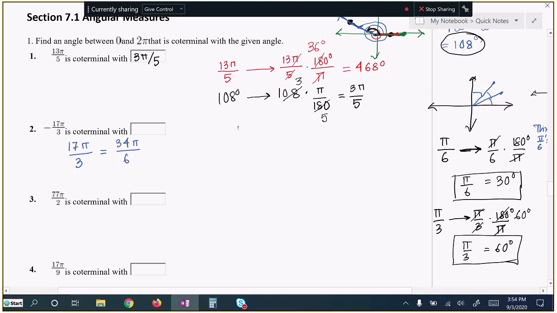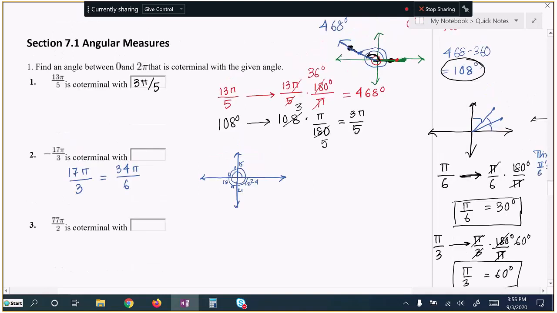Now pay attention when I count. Remember, there are 3 pi over 6s in each quadrant. So this is 3, this is 6, this is 9, this is 12, this one is 15, this one is 18, this one is 21, this one is 24. I'm still not done.